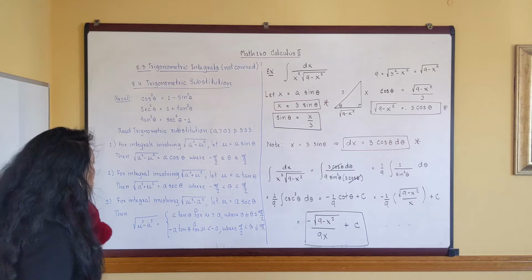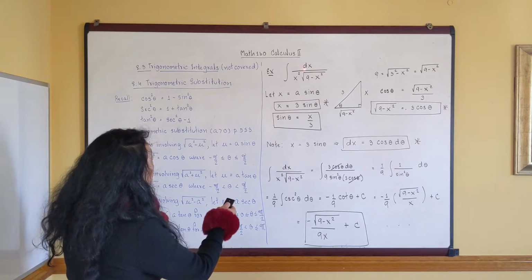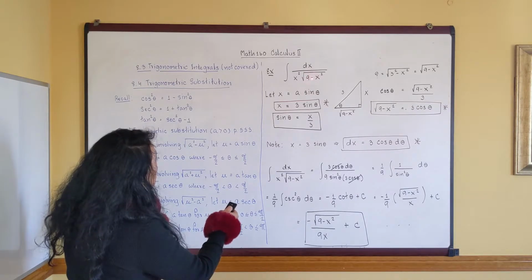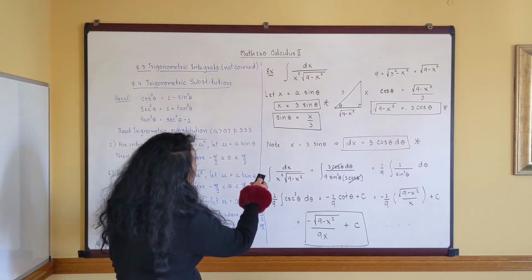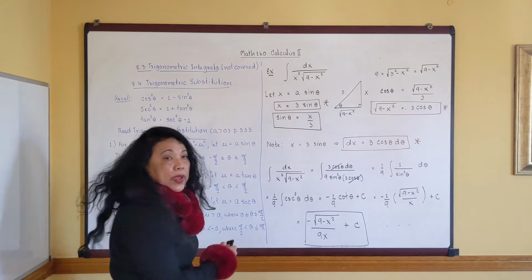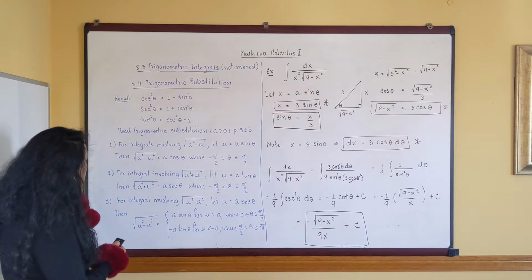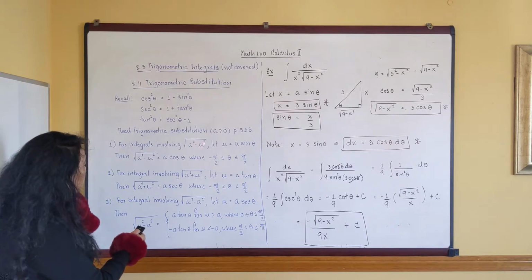So let's look at an example here. I have the integral of dx over x squared times the square root of 9 minus x squared. Look under the radical: you have a constant, 9, minus x squared. The first formula would work because you have a squared minus u squared.